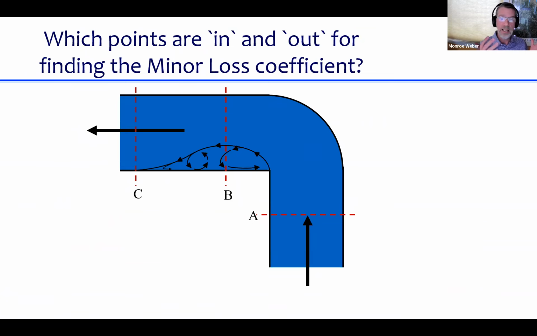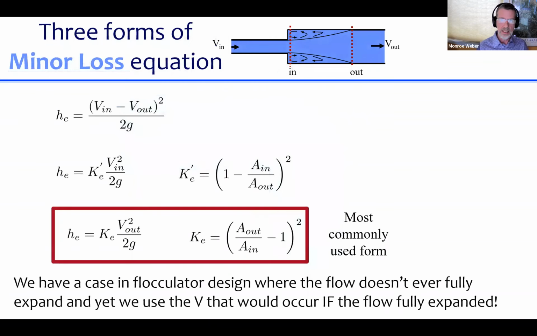Okay, so here's an example of an elbow. So water flowing around this 90-degree bend. And where is in and out in this? That's similar to what we show here with this expansion.